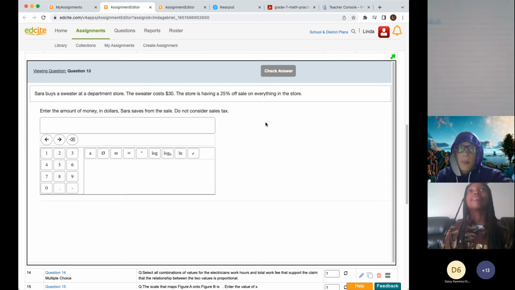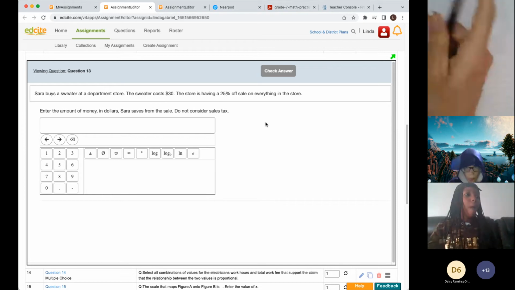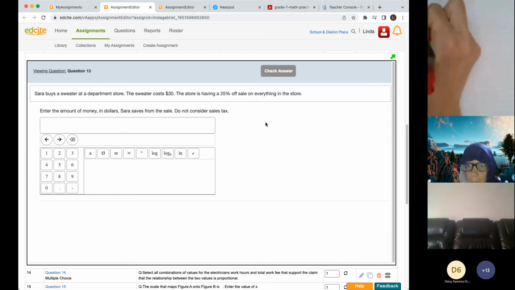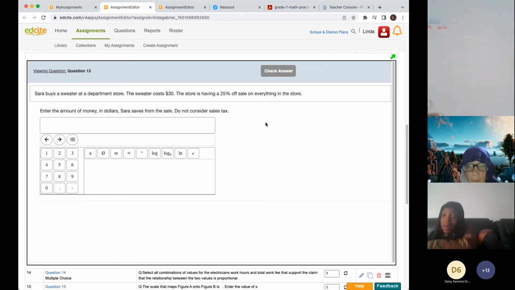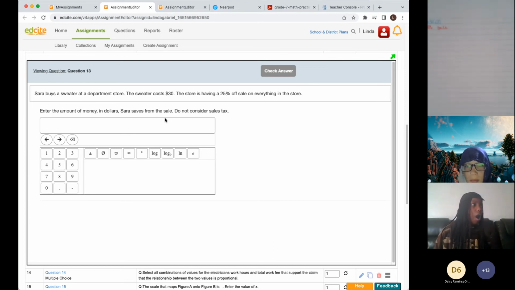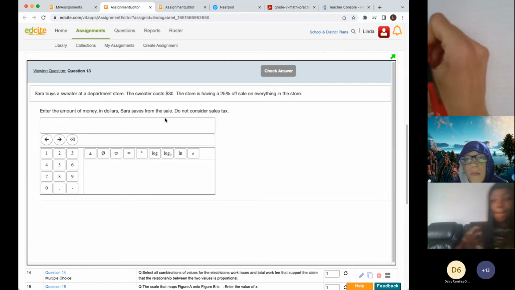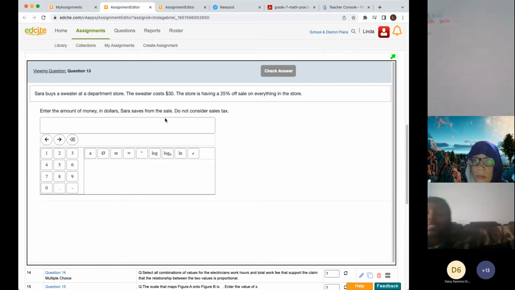The store is having a 25% off sale on everything. 25% sale. So enter the amount of money in dollars Sarah saves from the sale. Do not consider sales tax. All right, so we need to figure out how much she saves, right? Not how much she's going to spend, because that's two totally different answers.